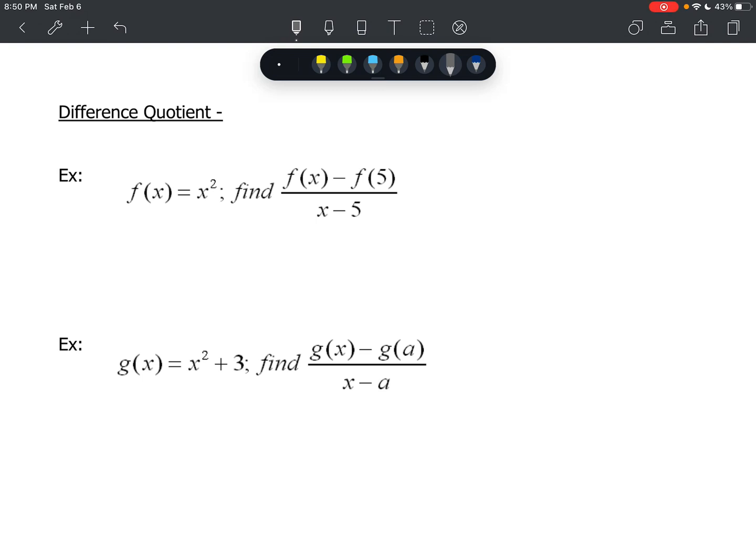We want to find f of x minus f of 5 over x minus 5. So notice how your inputs are x, 5, and then your x values, x minus 5. And then x, a, and then x minus a. Remember that f of x is your y value, f of 5 is your y value, so your change in y over your change in x's.